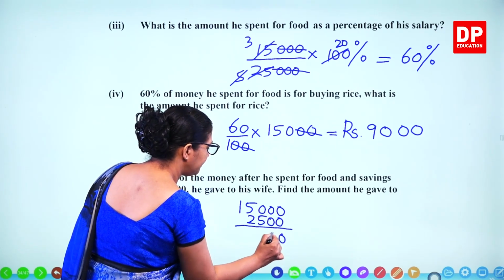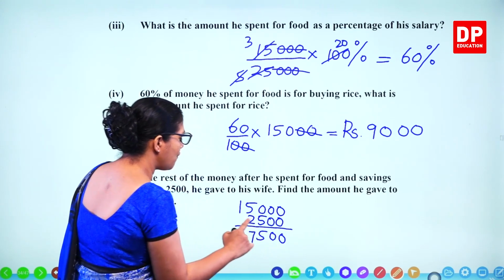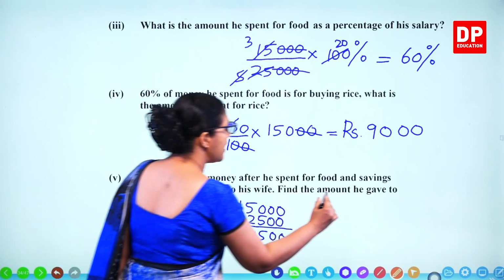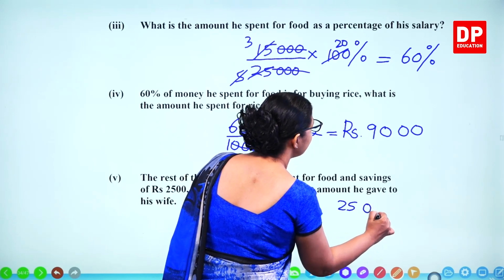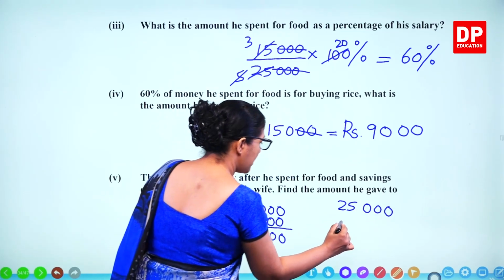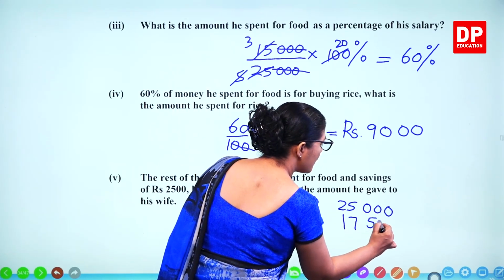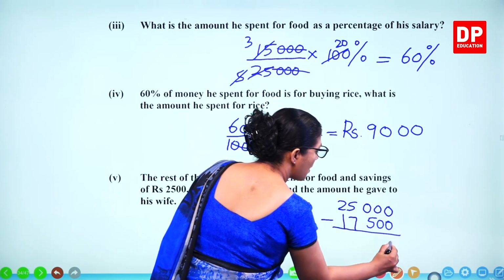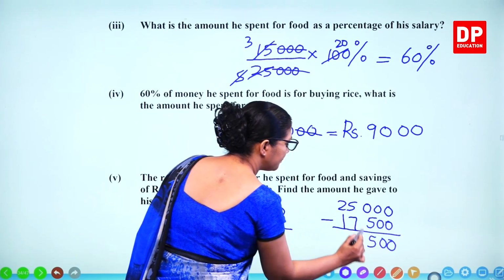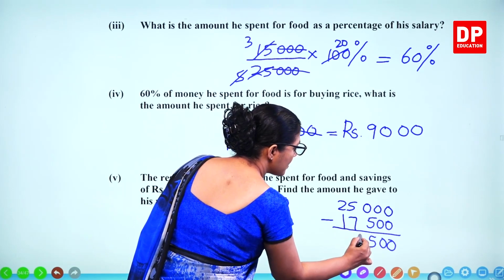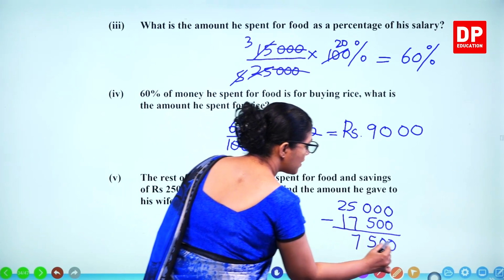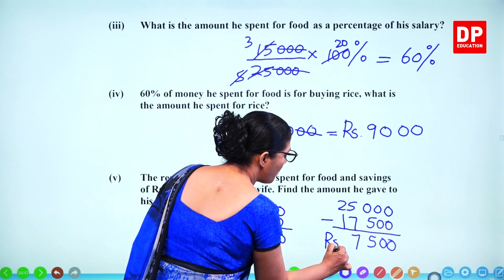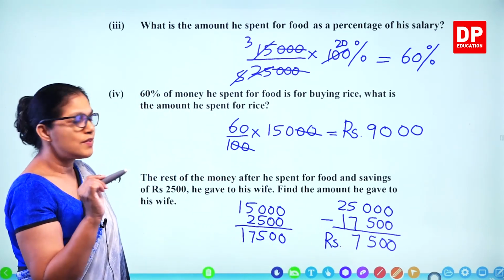What's the total? 17,500. His salary is 25,000 minus 17,500. When you subtract, 8 and 7, 15. So 7,500 rupees he gave to his wife.